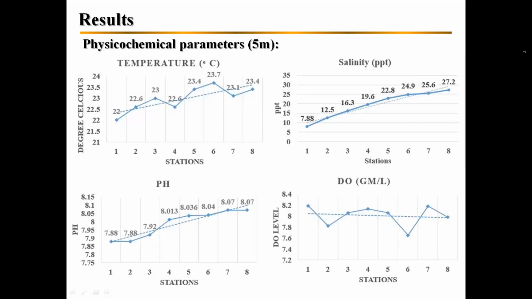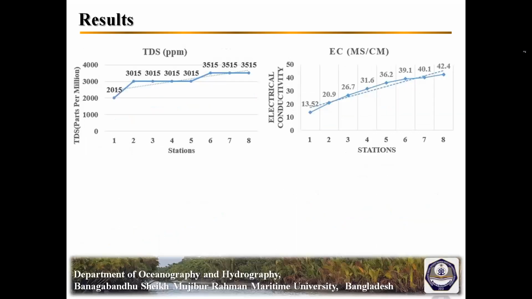For the 5-meter depth physico-chemical parameters, temperature, salinity, and pH all have an increasing trend, the same pattern as the surface water. But dissolved oxygen is different, probably with some noise, and differs from the surface water.